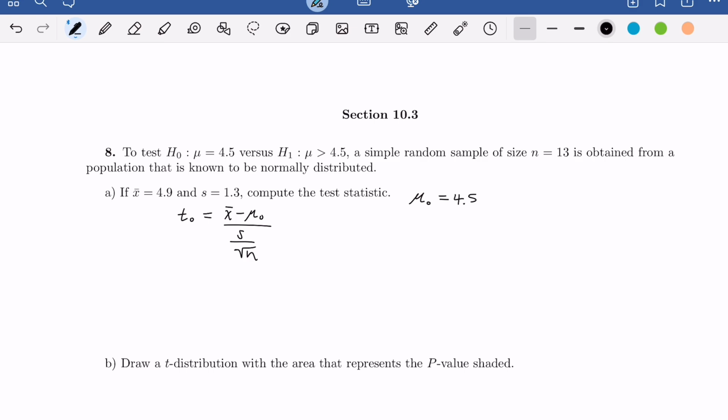So plugging in our known information, we're going to have 4.9 minus 4.5 in our numerator. In our denominator, we're going to have our standard deviation divided by the square root of our sample size. So plugging this into a calculator, this is going to be roughly equal to 1.109. All right, so that's the test statistic.